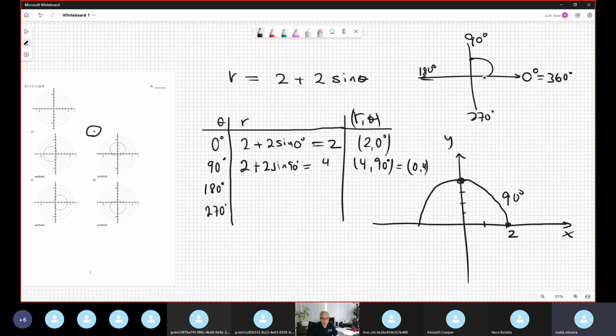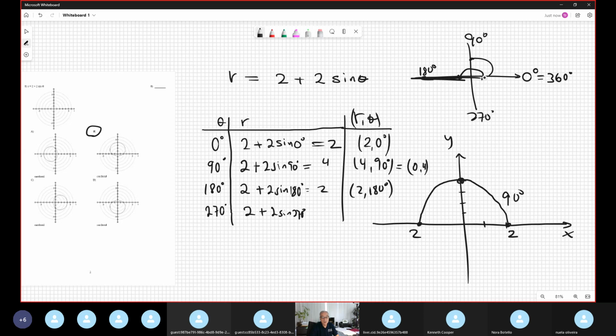Suppose 180, curiosity. 2 plus 2 sine 180. Sine 180 is 0. So it is 2, pero es 2, 180 degree. 180 degree is that angle in that direction, and 2 radio in this direction. 270. 2 plus 2 sine 270 degree, que es -1.